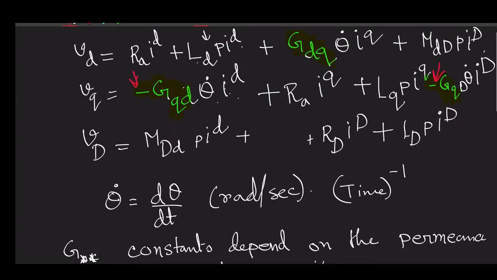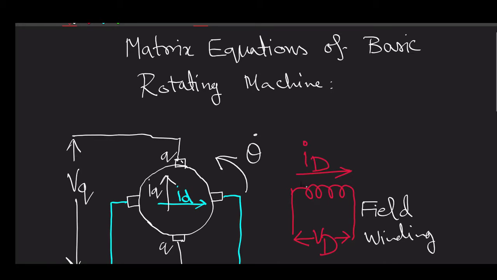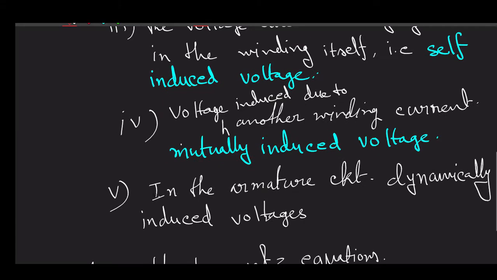Here you can see, when the current is flowing in this way, that indicates it is doing it left to right. Similarly, this one also left to right, right?